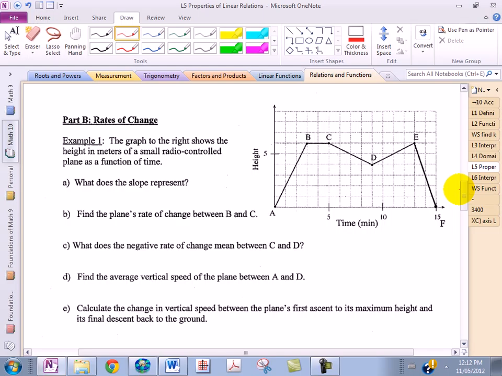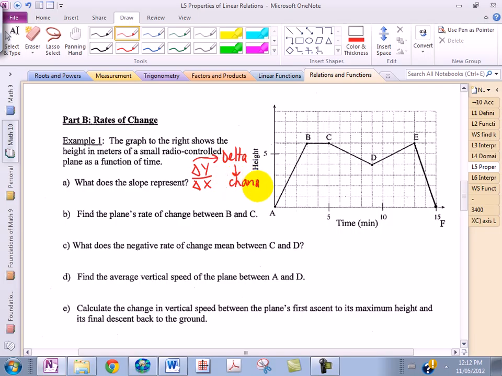The graph on the right shows the height in meters of a small remote-controlled plane. Your slope actually represents your change in your y values over your change in your x values. So this little symbol is called delta. You don't need to know that. It's the Greek symbol that represents change.